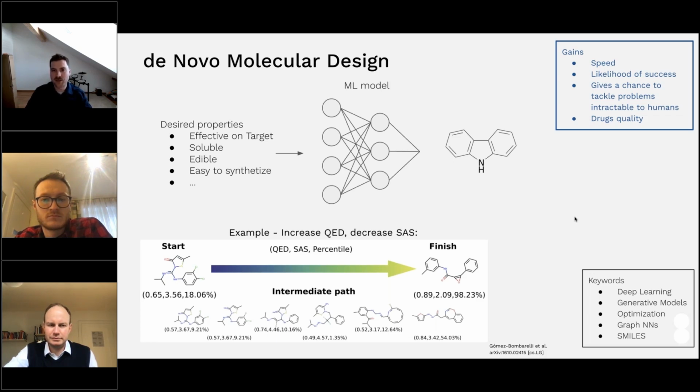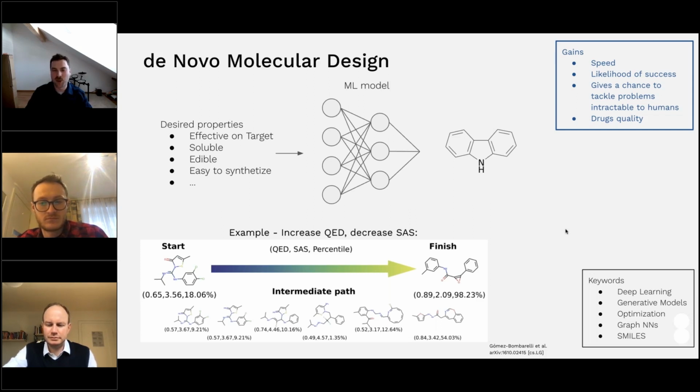So I think this is a really, really promising approach, and it's the future of drug discovery. The gains are speed, and likelihood of success, which means reducing the costs.